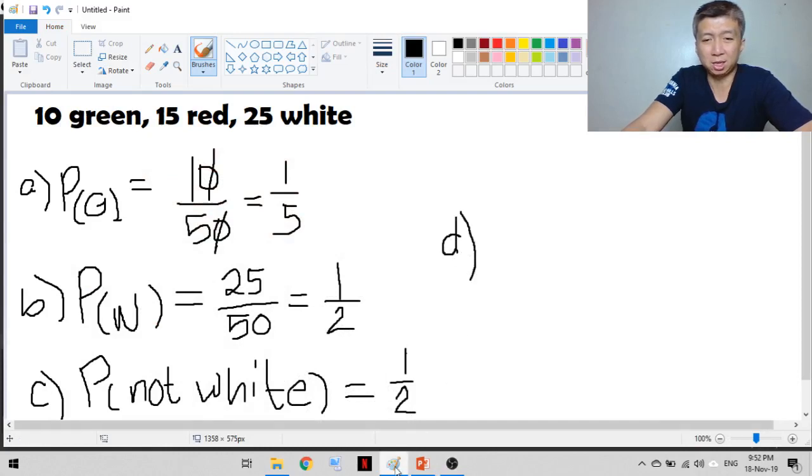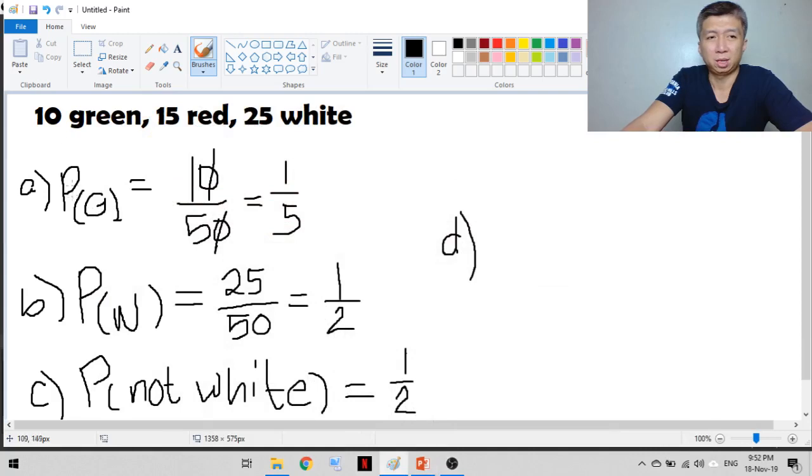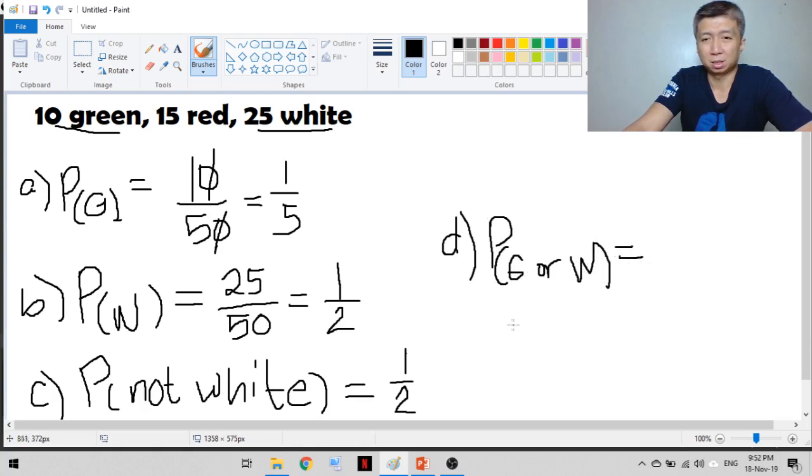Next, letter D. A ball that is green or white. Probability that the ball is green or white. Dito ko na lang isulat sa baba.